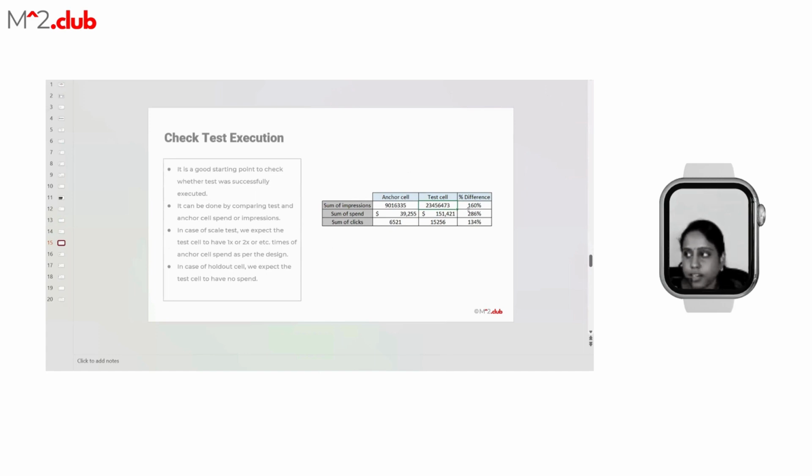In this example, we are doing a scale test. If you see, the spend has actually increased a lot in the test cell. The test cell had almost more than 250% of spend compared to the anchor cell. Which means the test execution went very well as we planned, and we can go ahead into the analysis of our results.